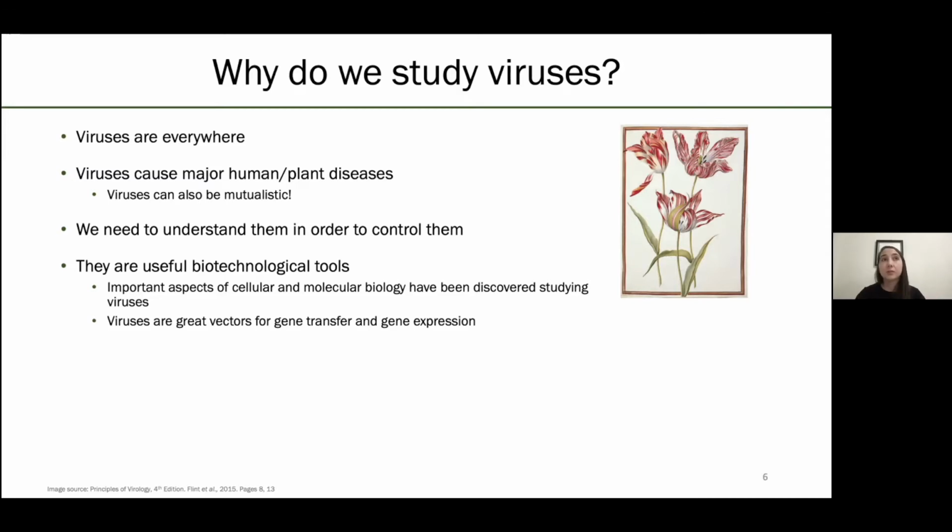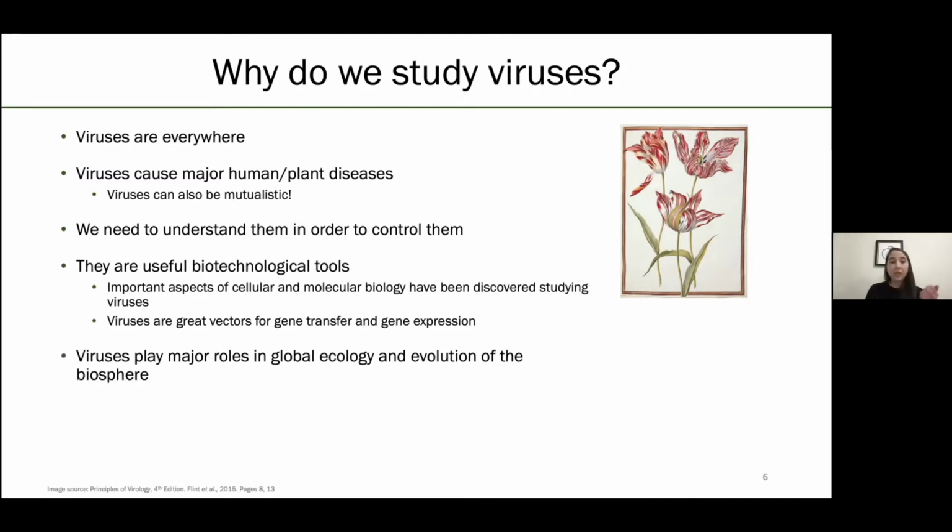They are very good tools to deliver information to cells, and that's why we use them in things like vaccine delivery, or even in the future for gene therapy. Viruses also play major roles in global ecology and the evolution of the biosphere. So in order to understand life and evolution, we need to understand viruses.